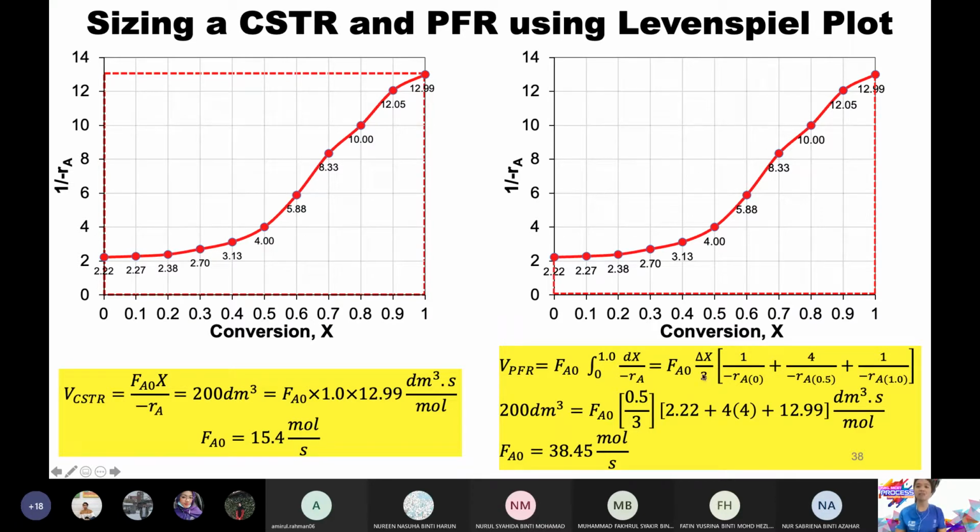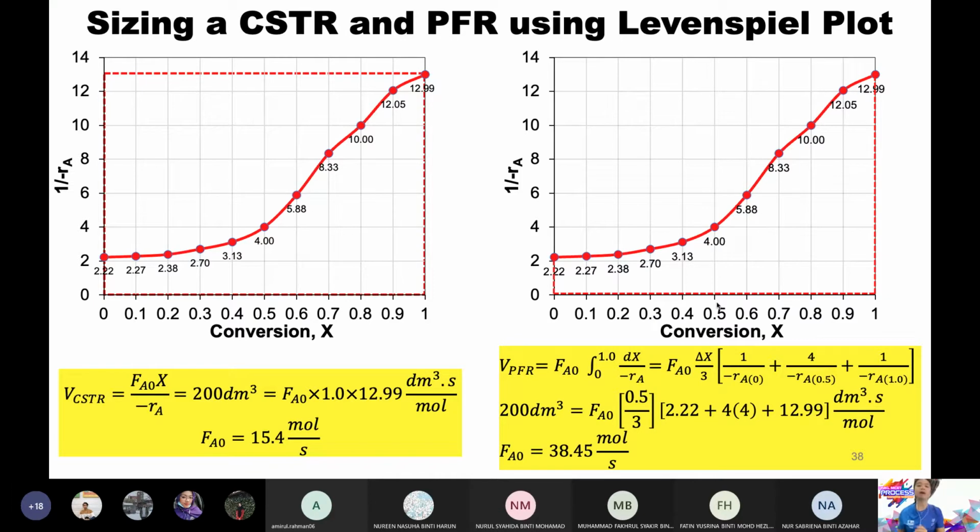Okay, delta X. For this delta X you have to think. I didn't draw the gap, but you can imagine we are integrating from 0 to 1. So my bottom limit is 0, my upper limit is 1, and the middle X is 0.5. So delta X is the gap between 0 to 0.5 or 0.5 to 1.